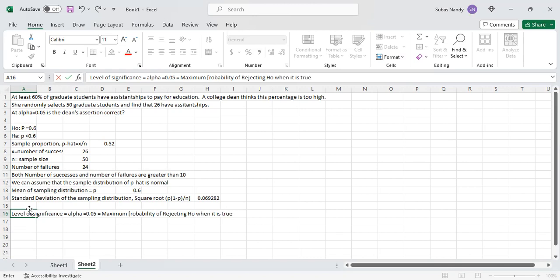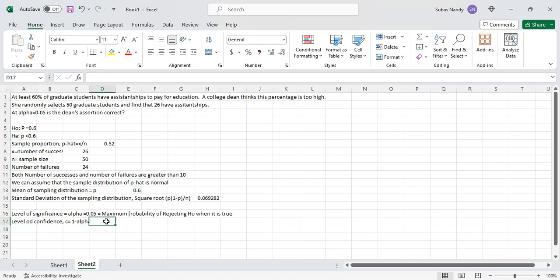So our level of confidence, which is the complement of the level of significance, C is equal to 1 minus alpha, which is 1 minus 0.05, which is 95% confidence.